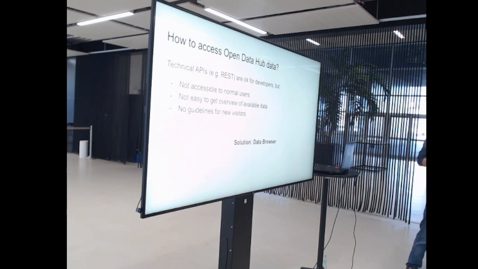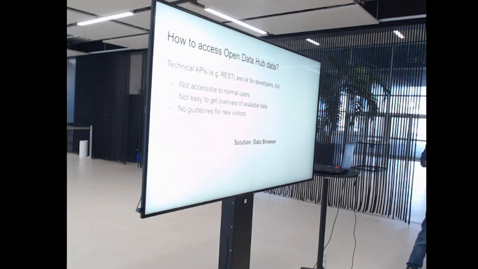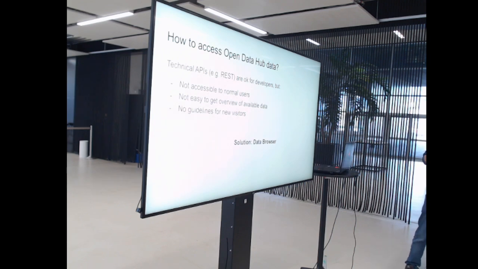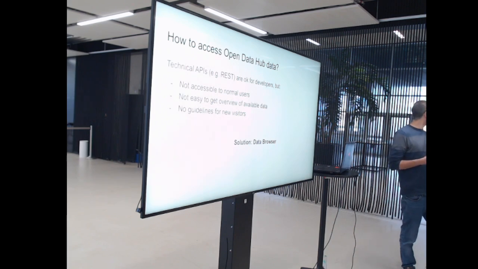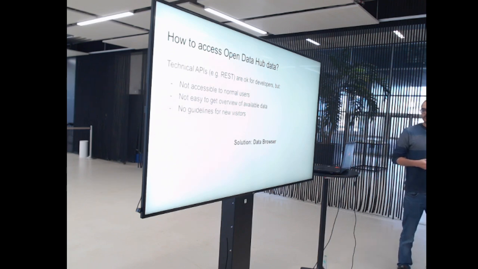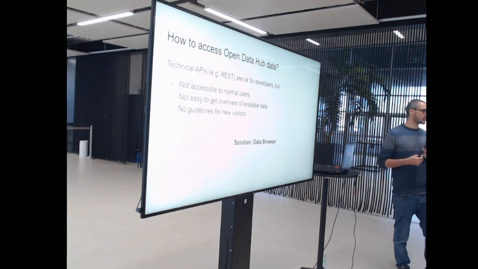It's also not easy to get an overview of the available data if you just have the raw technical APIs like REST. If you are lucky, you get something like Swagger definitions or OpenAPI definitions of the API. So you get some introduction or some point to start to interact with an API. But it's still not that easy. Another problem of technical APIs is that there are no guidelines for new visitors.